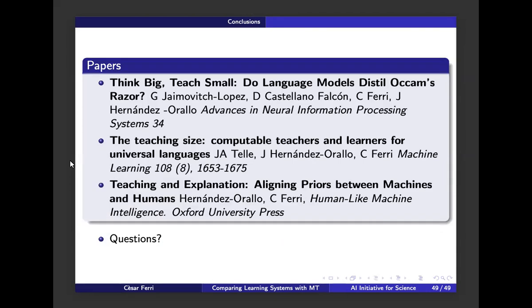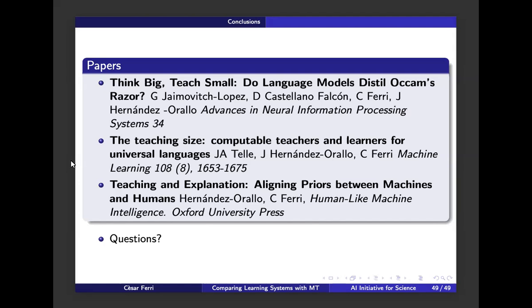As I told you, this presentation is a summary of 3 different papers. The first one is on teaching size, computable features and learners for universal languages. This was developed by Jan Telle, my colleague Jose Hernandez Orallo, and myself, and this was presented in the Machine Learning Journal 2 years ago. And this is the theoretical development of the teaching side.